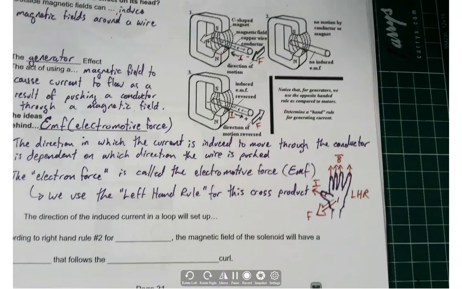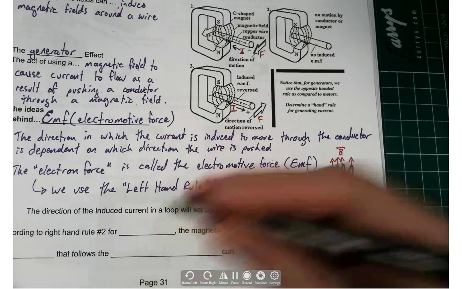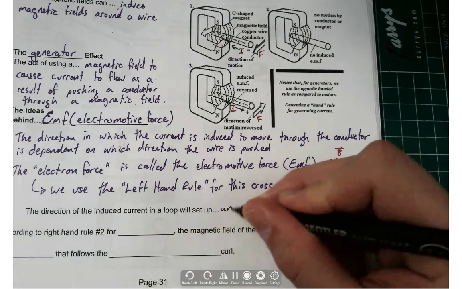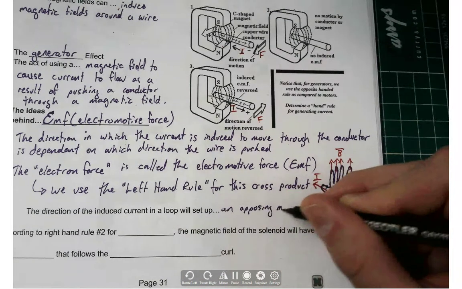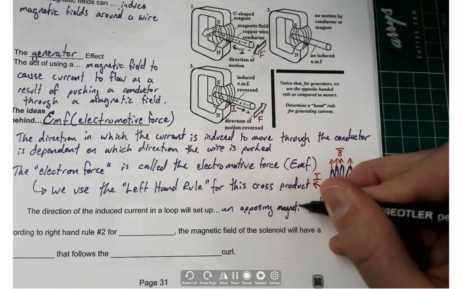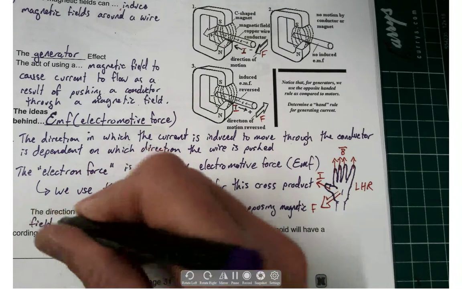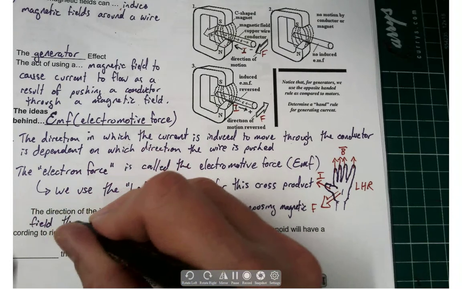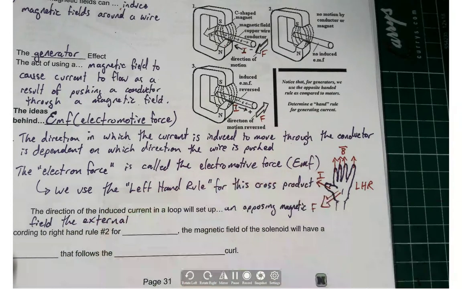And then the direction of the induced current in a loop will set an opposing magnetic field to the external field. We talked about that previously and how we could think that out using a solenoid.